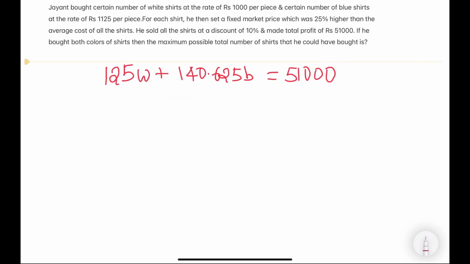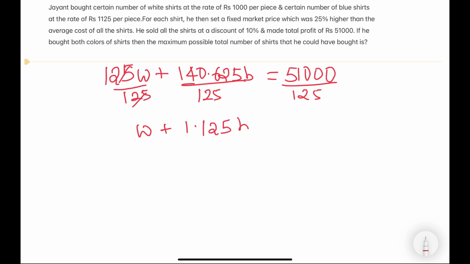Okay, so now we start some mathematical jugglery. We'll first divide throughout by 125. So 125 upon 125, 140.625B upon 125, 51,000 upon 125. Here I'll be left with only W plus 140.625 divided by 125 will be 1.125B, and this should be equal to 51,000 divided by 125.